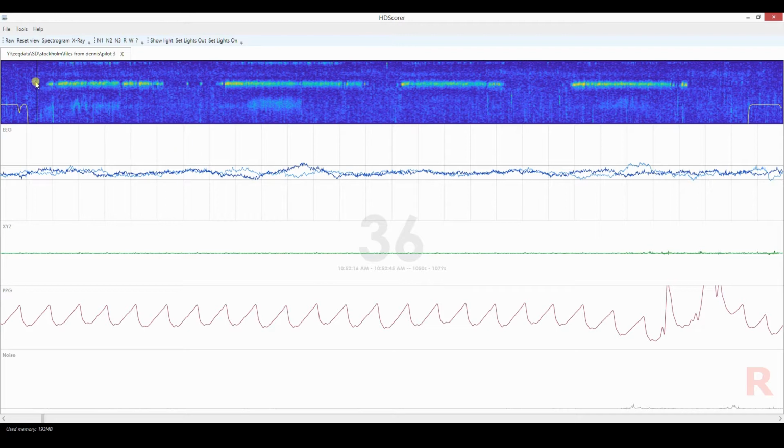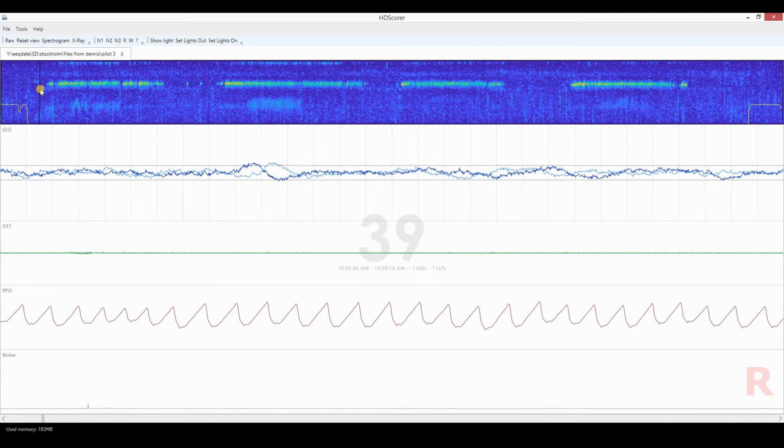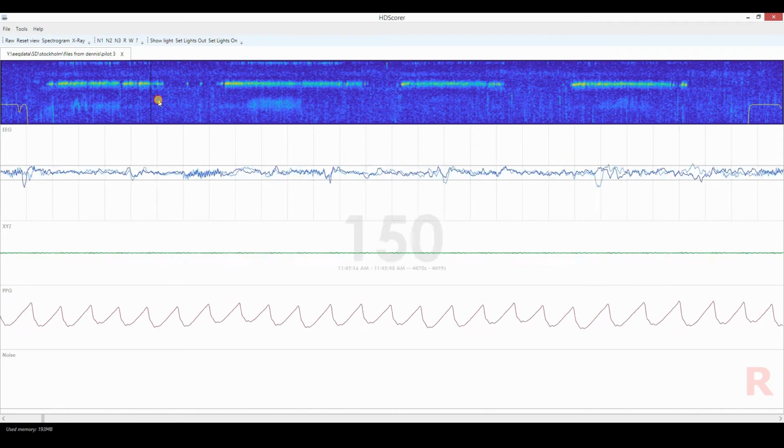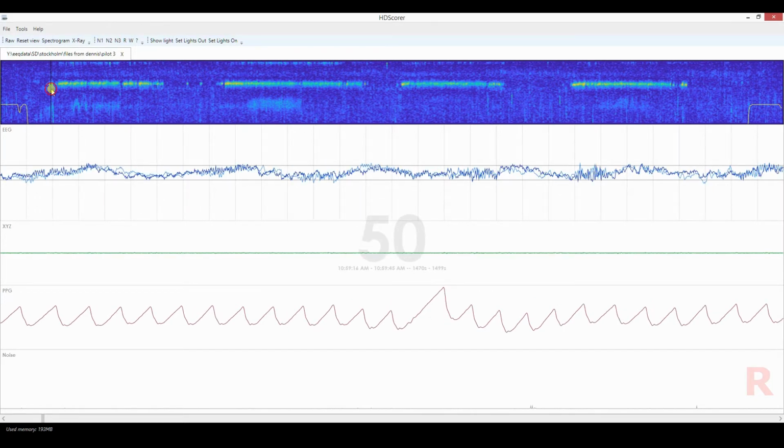But fortunately with ZMax, we're able to see that, and this helps us to know that up until this point, the patient was actually awake, and from here to here, we have N1 sleep, and from here onwards is N2 sleep. So without even looking at what's going on below, just from the spectrogram, I've already pretty much scored at least up to here, this chunk.